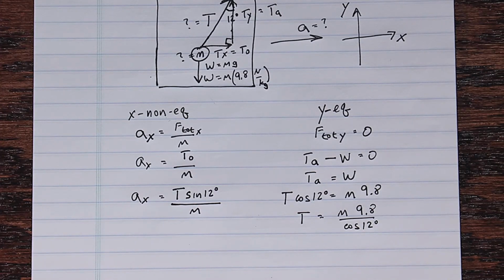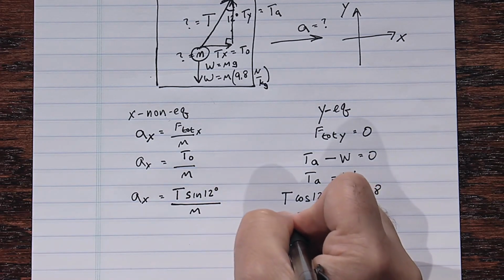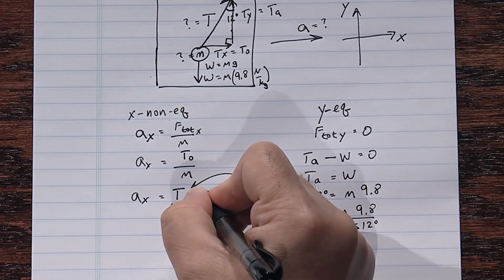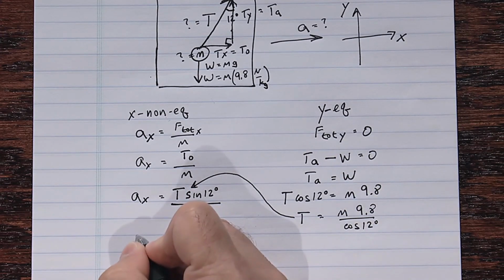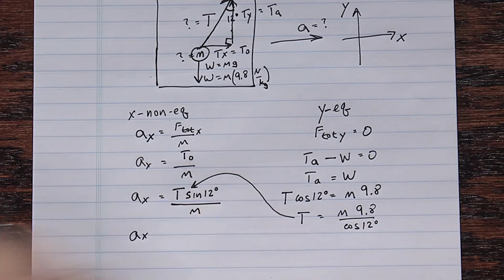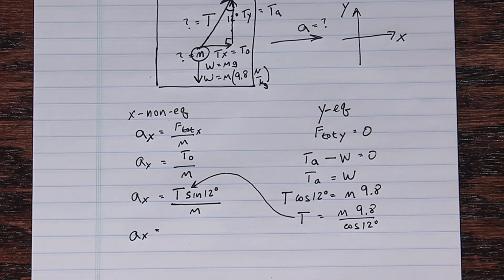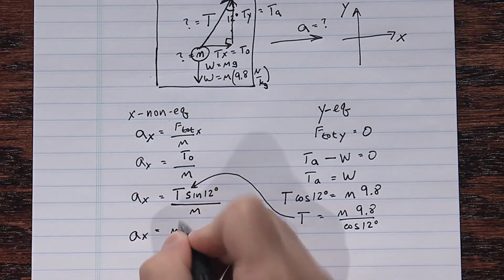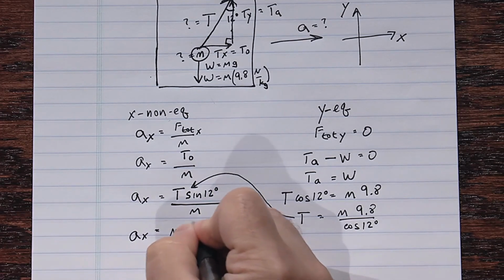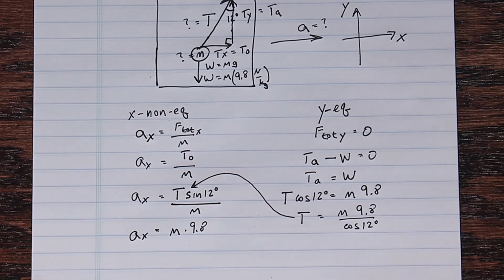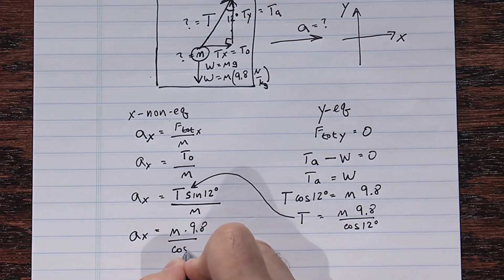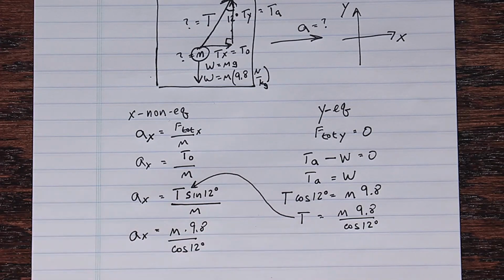Let's take that now and substitute it back into our x equation. I'm going to take tension, substitute it back into here, and we have the acceleration in the x direction is equal to mass times 9.8 divided by cosine of 12 degrees.